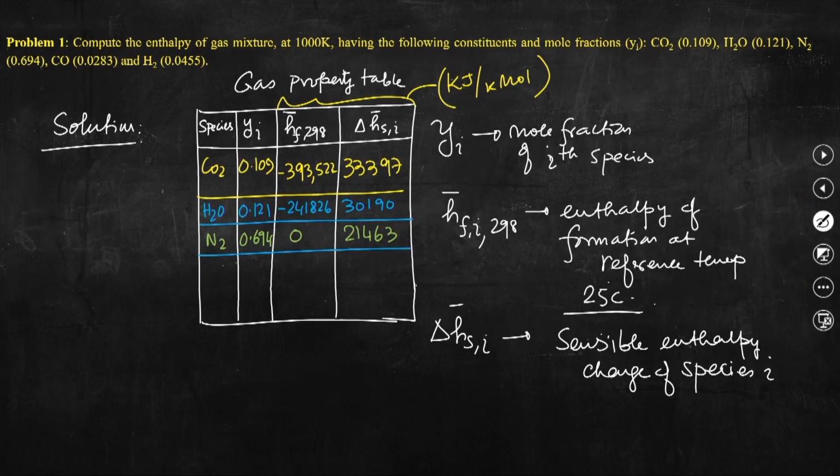The next one is CO, mole fraction 0.0283, minus 110527, and 21686. The final constituent is H2, hydrogen, mole fraction 0.0455, that is given; the enthalpy of formation at reference state is 0, and this is 20663.